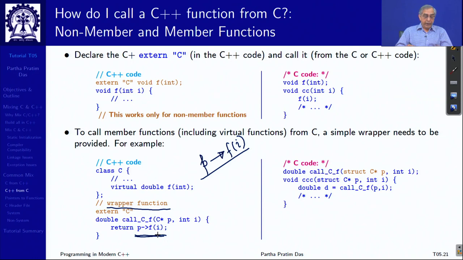So, what you do, you define a C unmangled function name, say call Cf, pass the parameter that you need for the member function, but most importantly you pass the address of the object, this pointer of that object on which this call has to be made.